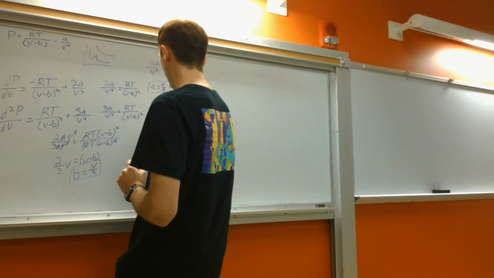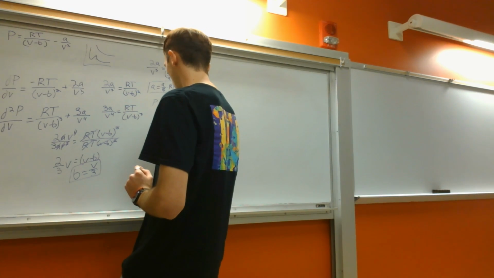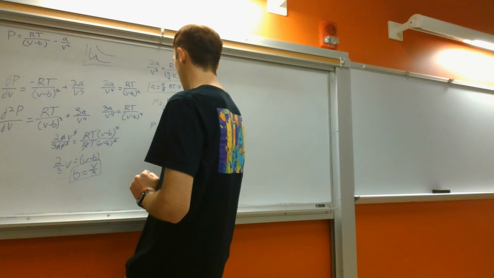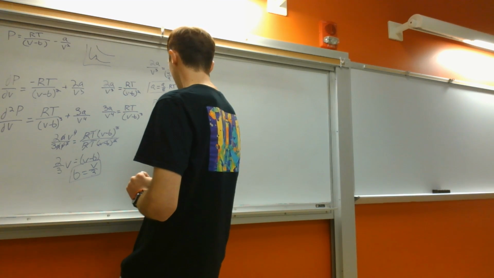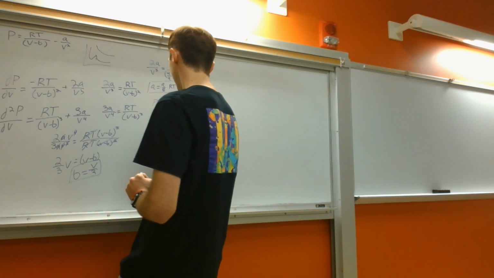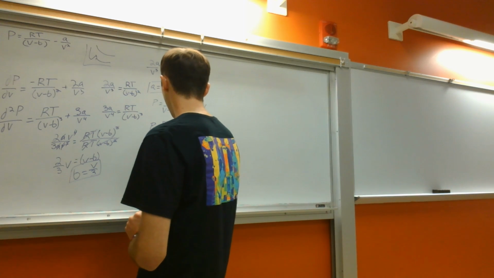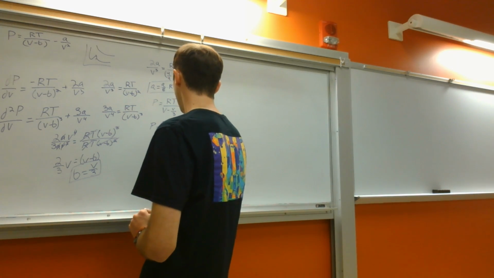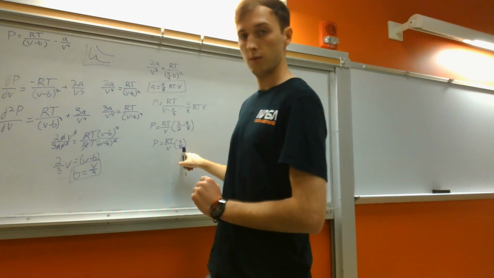So P is equal to RT over V times, minus 1 would be 3 over 2, minus 9 over 8, which going further gives P is equal to RT over V times 3/8.